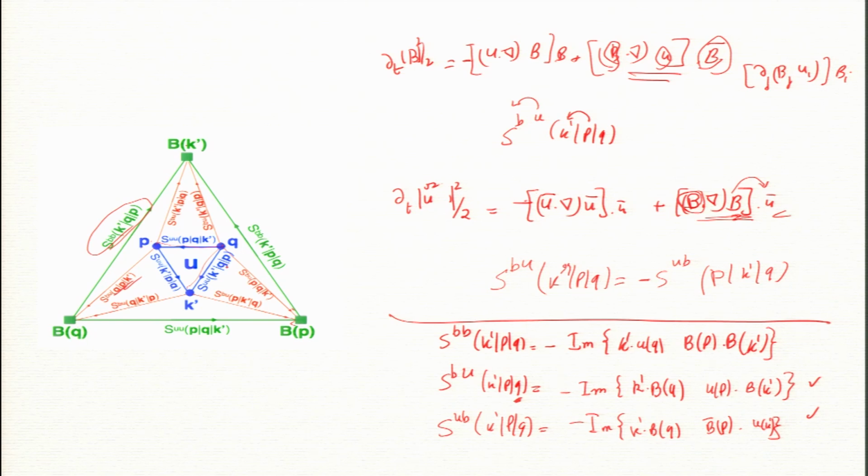I am not proving it. The sum of these S BB, if I sum over all the modes in a triad, is 0. And if I sum these two together, then they are 0. It has important consequences, but I will not discuss it. Okay, let us look at energy transfer for Z plus and Z minus.